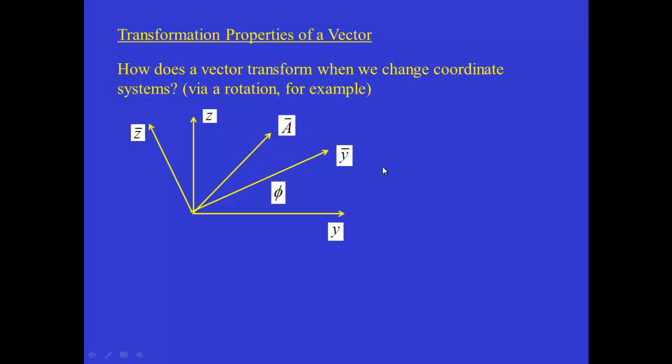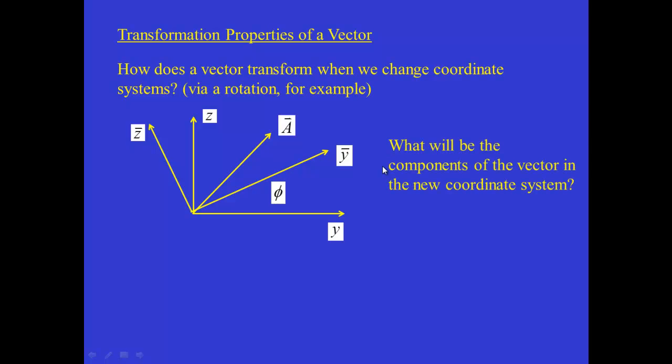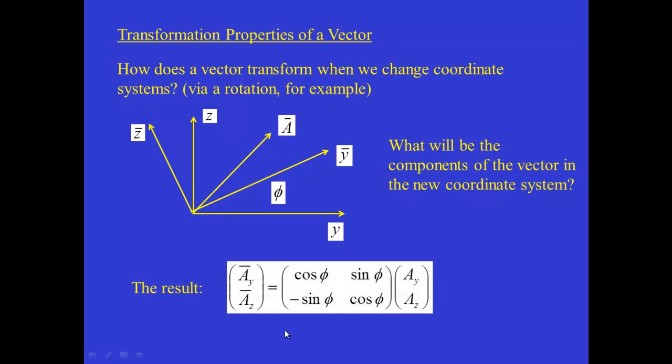And it's a fairly simple geometrical and trigonometric exercise to show that you can write this out in the form of matrix algebra. So in other words, the components A y bar and A z bar can be given by the product of a 2 by 2 matrix involving the rotation angle and the column vector that has in it the components of the original vector in the original coordinate system.